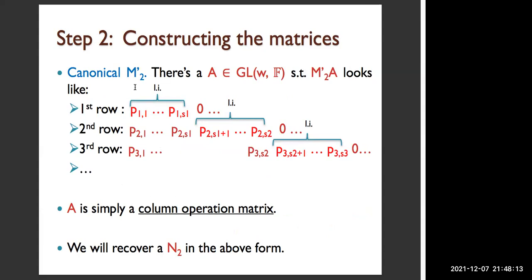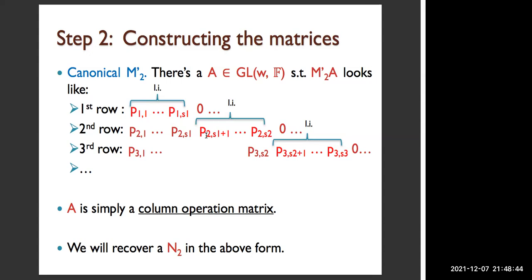The claim is that without loss of generality, I can assume that M2 prime looks like a matrix whose first row consists of polynomials P11 to P1S1, and they're linearly independent. Why can I do this? Because if they're linearly dependent, I can always multiply M2 prime by a matrix A to the right and assume that the first row consists of only linearly independent polynomials.